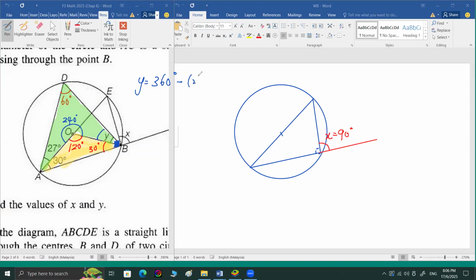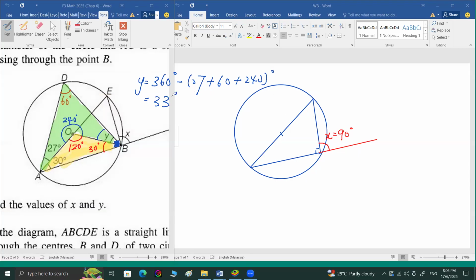You minus 27, 60, and 240. So what is the answer? Yes, 33. Okay, the answer for y is 33. This is one of the methods.